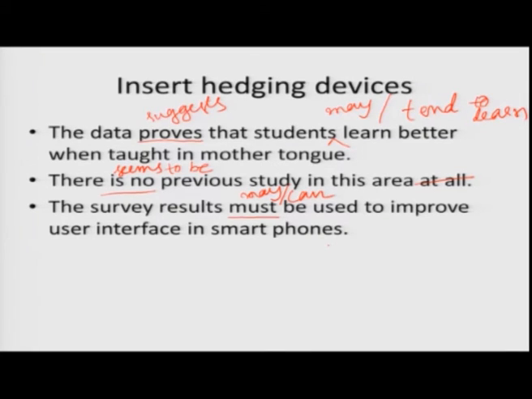So, now you are being a little more cautious, and so then it is acceptable and it is more appropriate. So, that is how you use hedging devices in academic context.